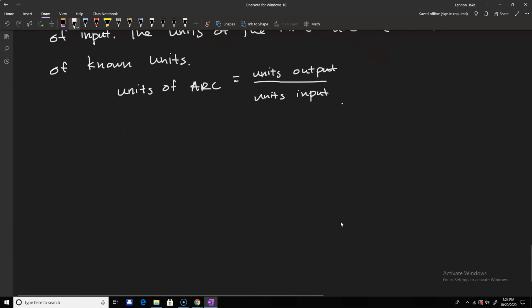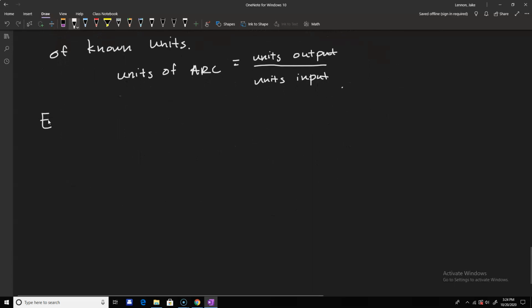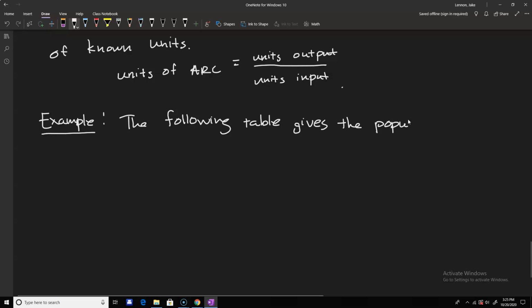So let's look at one example where we have a table. Let's say the following table gives the population of a coastal town.